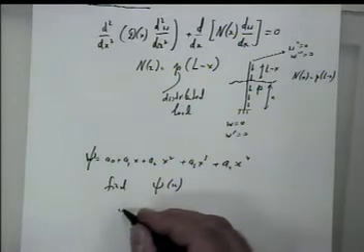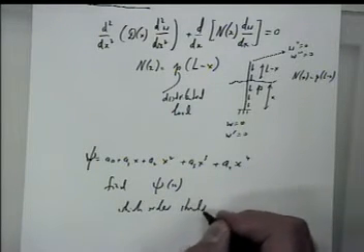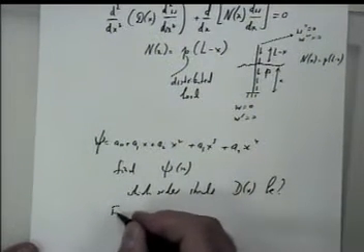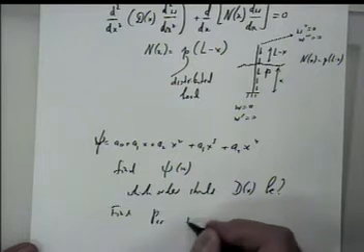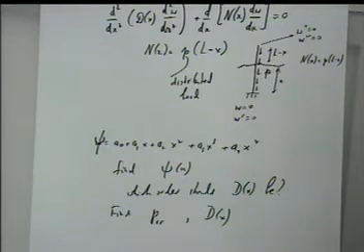Then which order should D(x) be? Find p critical and D(x). So that is problem A.